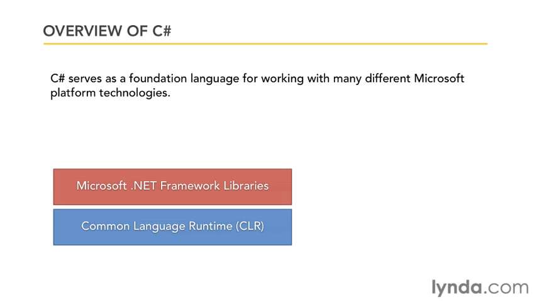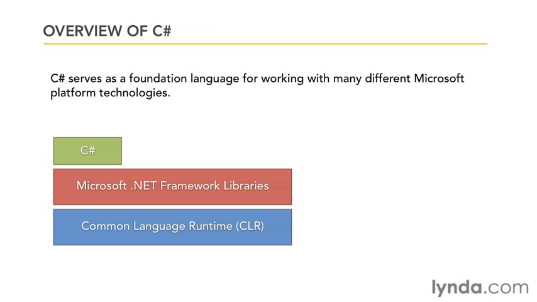On top of that are the Microsoft .NET Framework libraries. This is code that is provided to you by .NET that performs a whole bunch of common things that applications have to do, such as reading and writing from files, working with the web, and all that kind of stuff. That's all contained in the .NET Framework libraries. On top of that is the C Sharp language, which we'll be working with today.